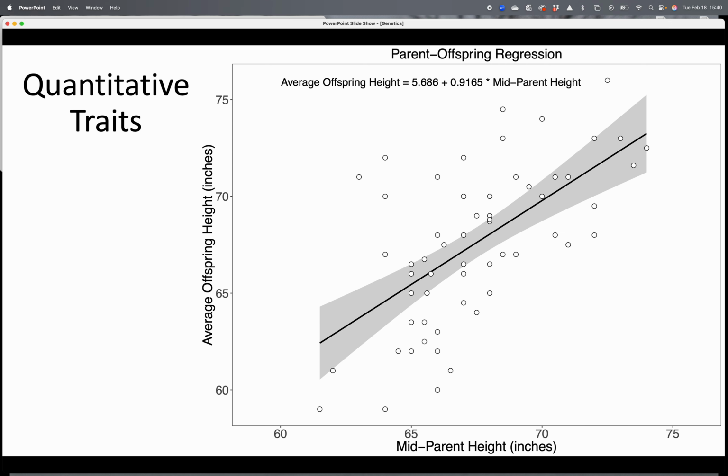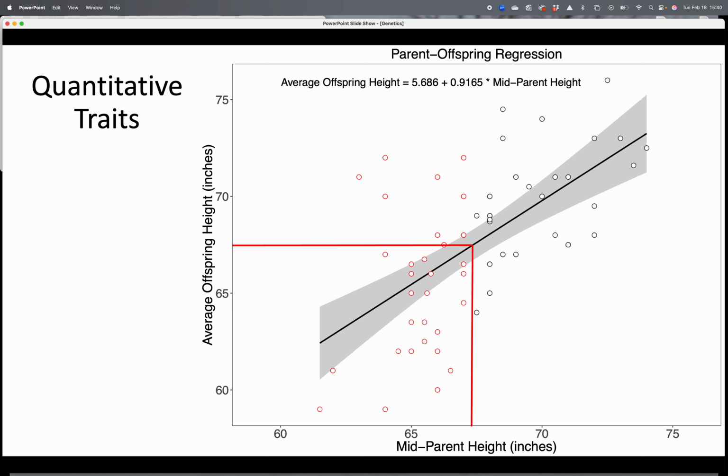And so if we were to imagine this population and say, well, we're going to prevent the lower half of this distribution of parents from reproducing, that's what all these red dots are on the figure. What that would do is it would take this pre-selection average of the parents, and that pre-selection average would correspond to a pre-selection expectation of what offspring height would be.